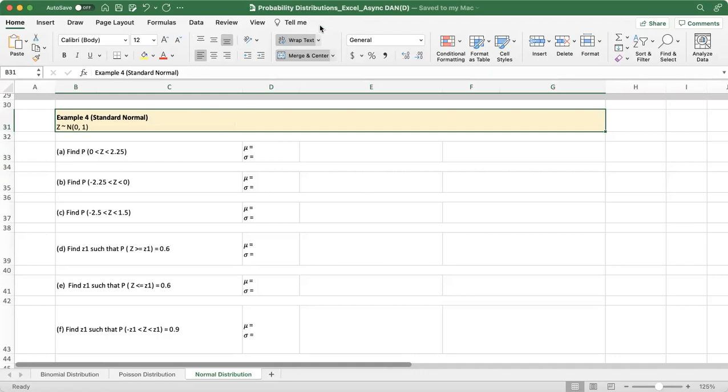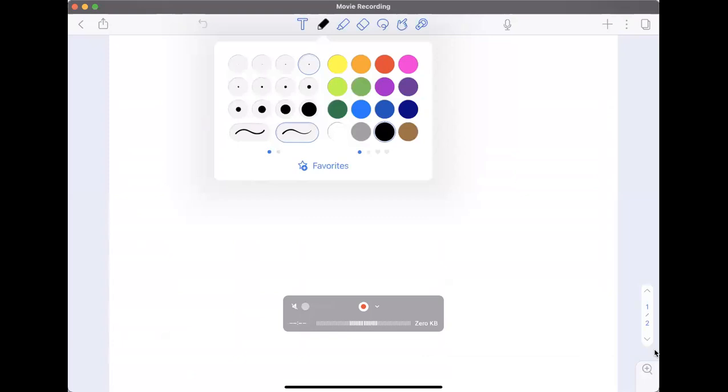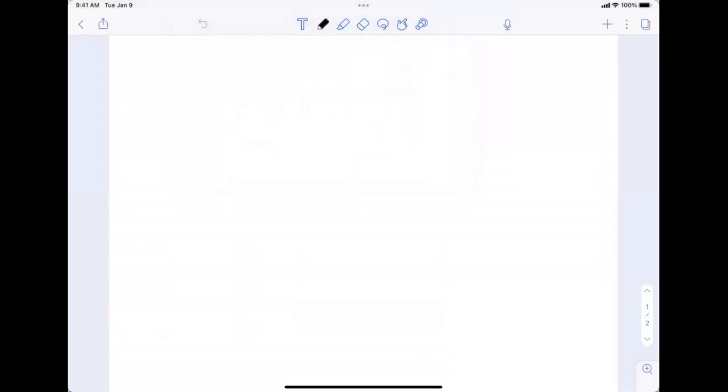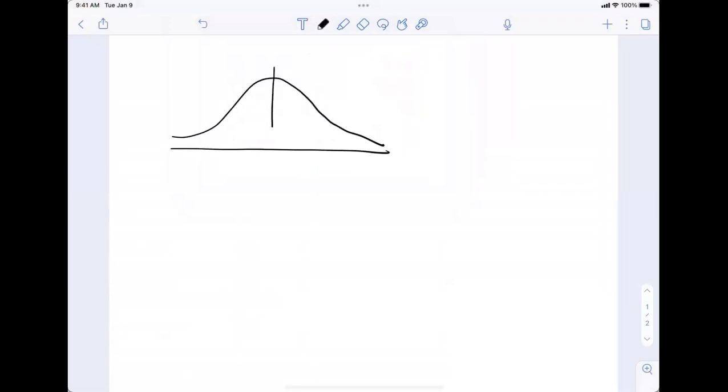So let me very quickly show you how we could think of visualizing this. If I draw a bell curve like this, then a standard normal bell curve is one whose center is at 0, the mean being 0.